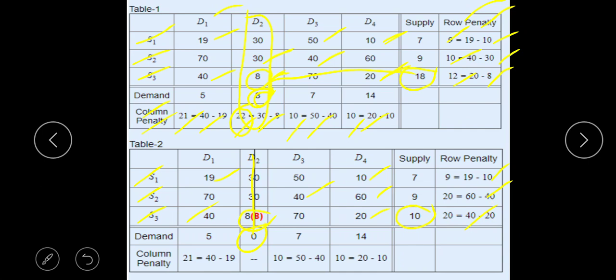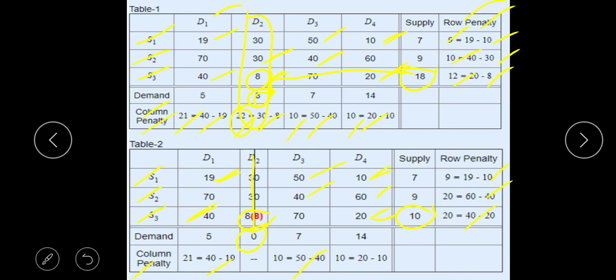Now come to column penalty. So in case of D1, lowest cost 19, next lowest cost 40. So 40 minus 19, 21. In case of D3, least cost 40, next least cost 50. What is the difference? 10. 50 minus 40, 10. In case of destination 4, least cost is 10, next least cost is 20.